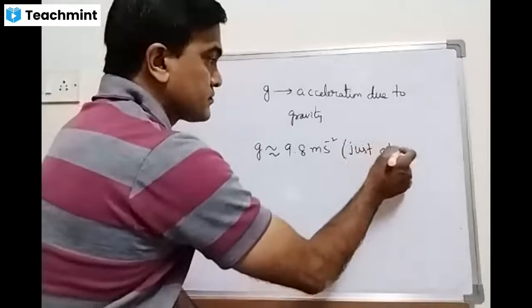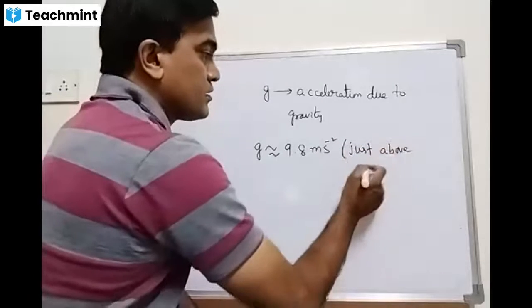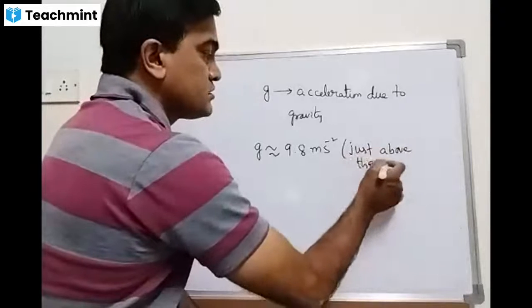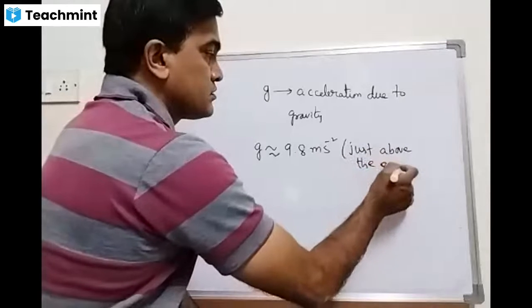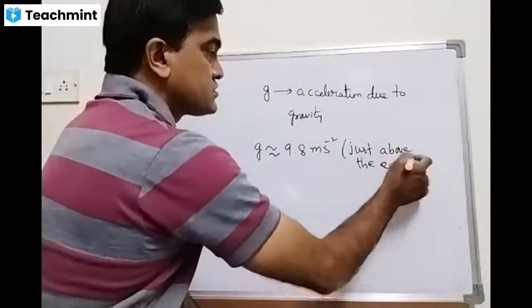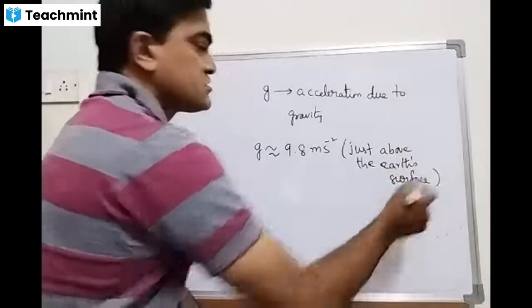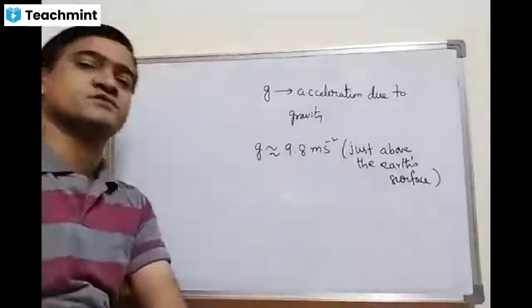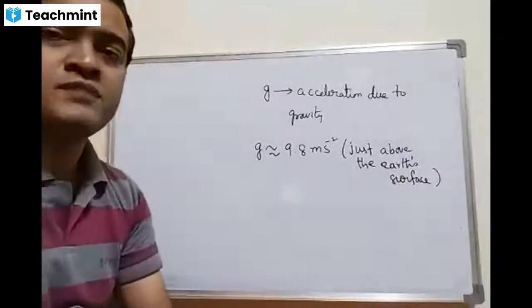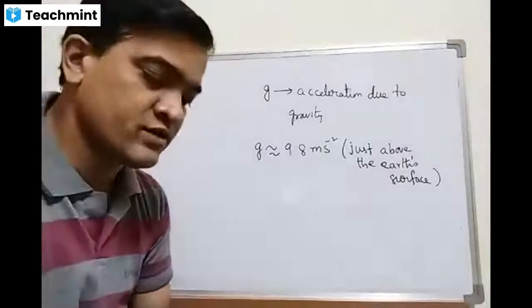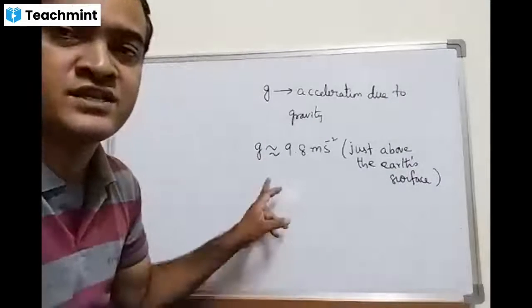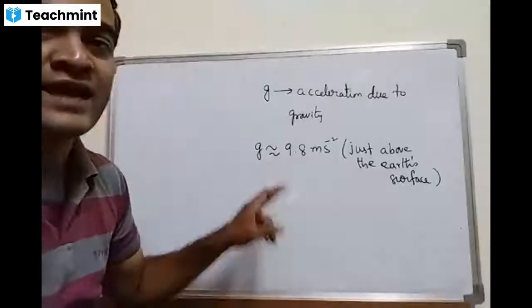just above the Earth's surface. 9.8 meter per second square is the value of acceleration due to gravity.